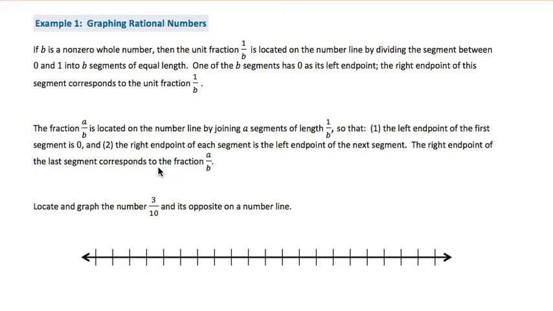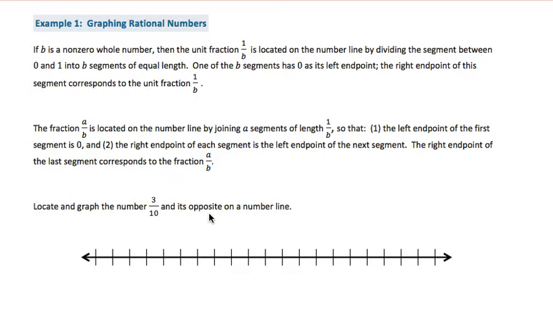And they continue with the description in the second paragraph. Don't let this stuff scare you, because this sentence, in the third paragraph, is what we really have to do with the number line. They asked us to locate and graph the number 3/10 and its opposite on a number line.